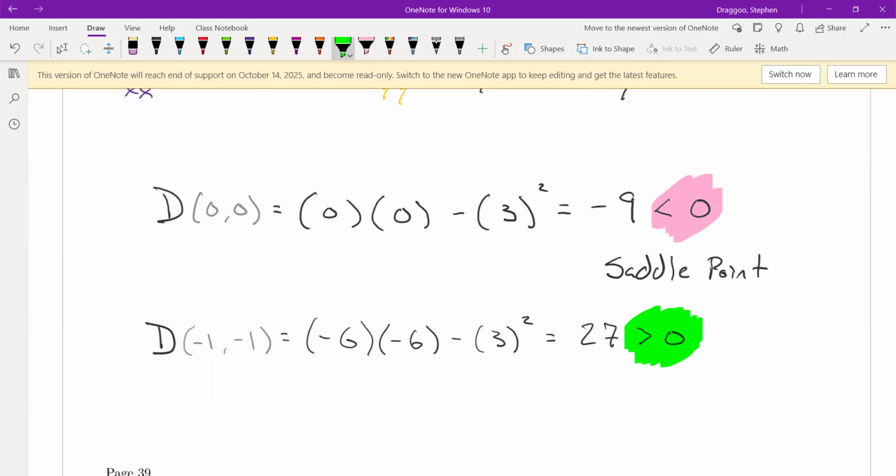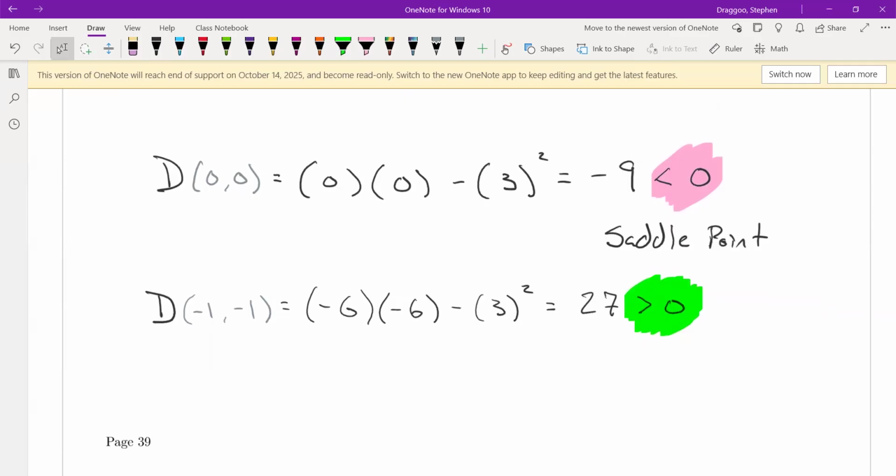If this thing came out to be either a maximum or a minimum, my final step is to decide if I am concave up or concave down at this point. And by looking at both of my second order straight partial derivatives, so fxx and fyy, I argued earlier they should have the same sign, because that's the only way for this to come out to be positive.